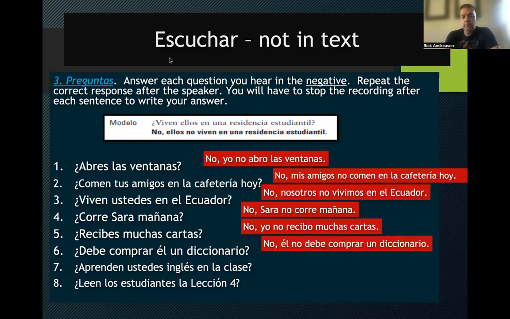No, él no debe comprar un diccionario. 7. ¿Aprenden ustedes inglés en la clase?